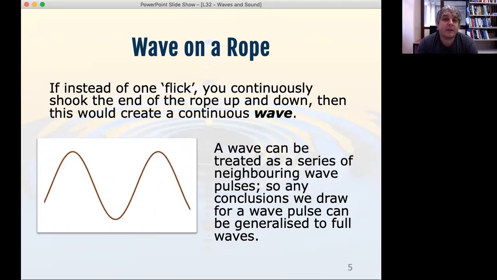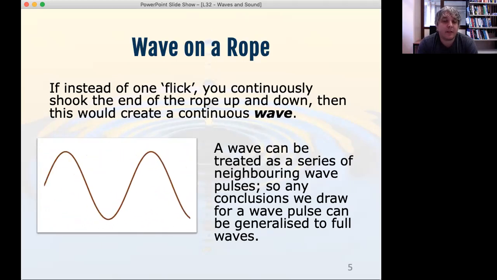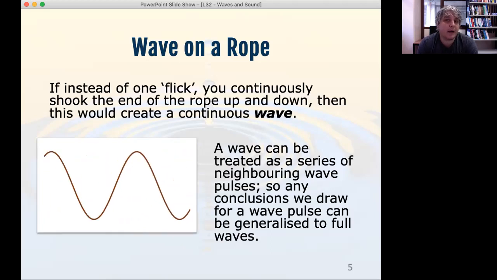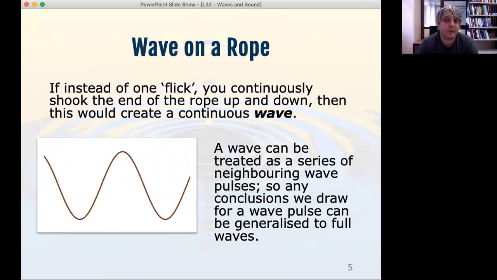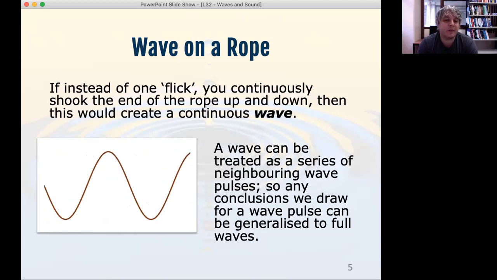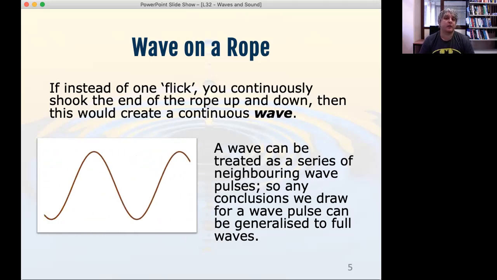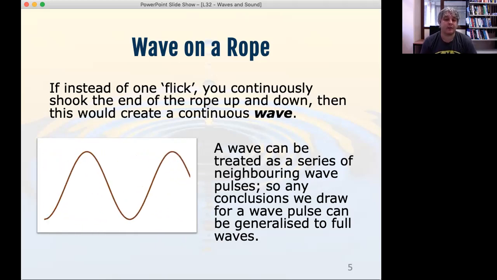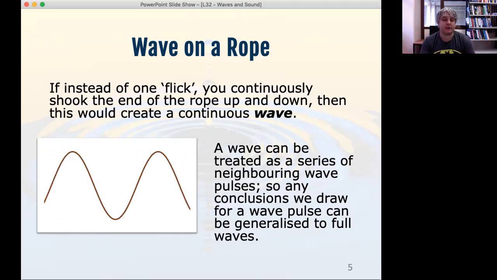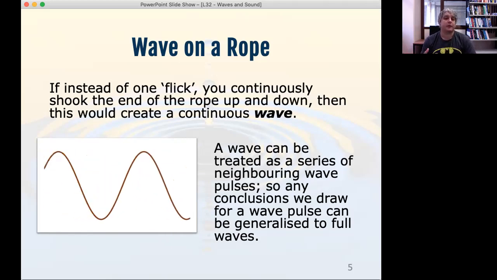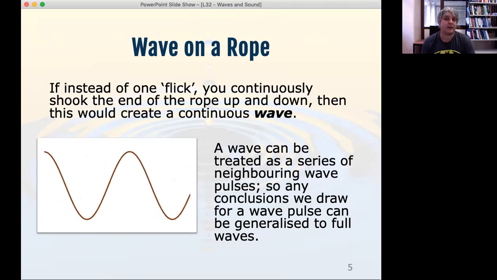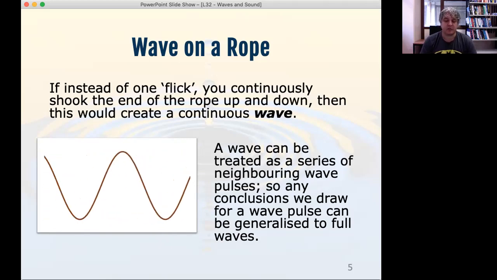So a wave can be treated as a series of neighboring pulses. That means that in the next lesson, when we talk about wave pulses a little bit and talk about some of the phenomena we see with them, it means we can also apply those same results to generic waves, full waves, continuous waves like this. So the wave pulses are good for understanding some phenomena and generalizing our results.